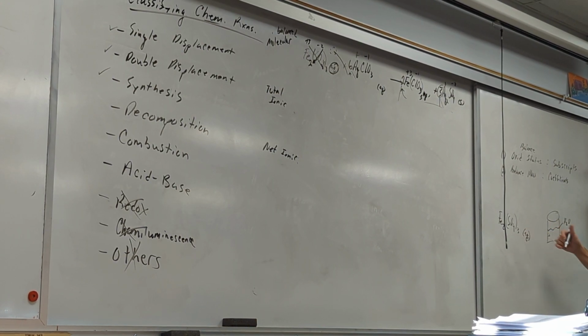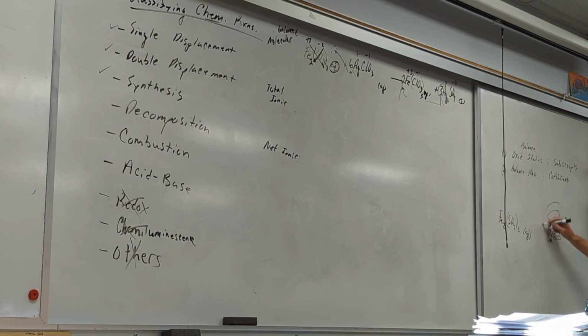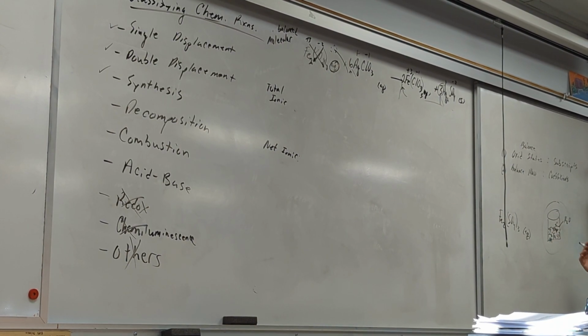Every time one of these dissolves, we get the iron(III) ion, but twice, right? So there's Fe3+, there's Fe3+, and every time this compound dissolves, we get 3 different sulfates. So SO4 2-, I'll just put one here and one here, right? So this is the same representation as this symbol.